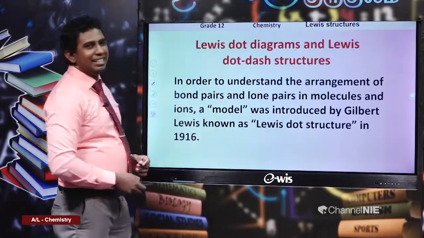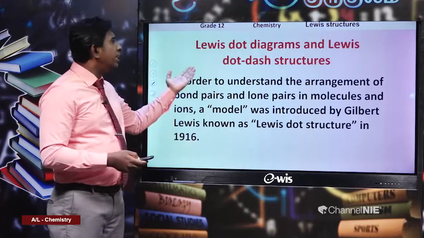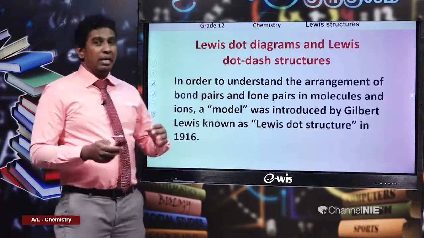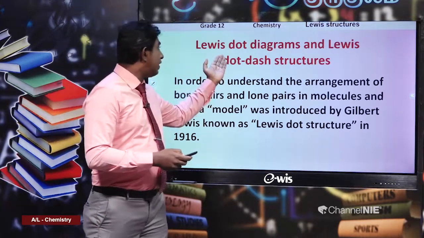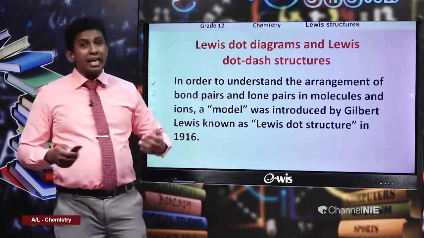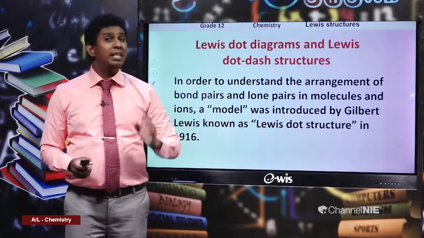Okay, students, when you talk about Lewis dot diagrams, we have a few different terms like Lewis dot diagrams and Lewis dot dash structures. Finally, our concern is to draw Lewis dot dash diagrams.